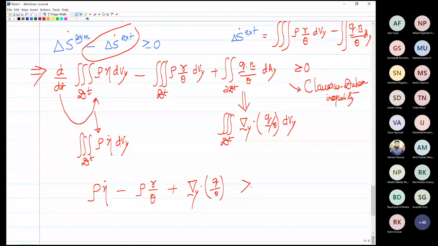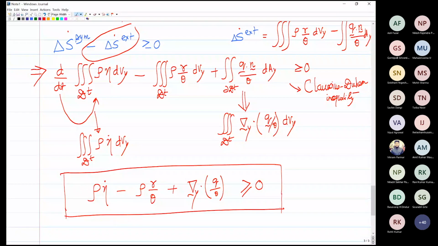So this is the second law of thermodynamics. I think you guys have to go now, so I'll take it up from here in the next class. We'll write the second law of thermodynamics in a slightly different form.